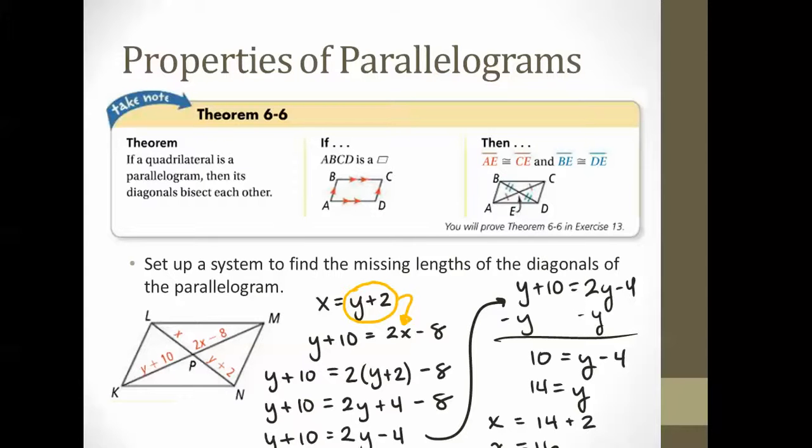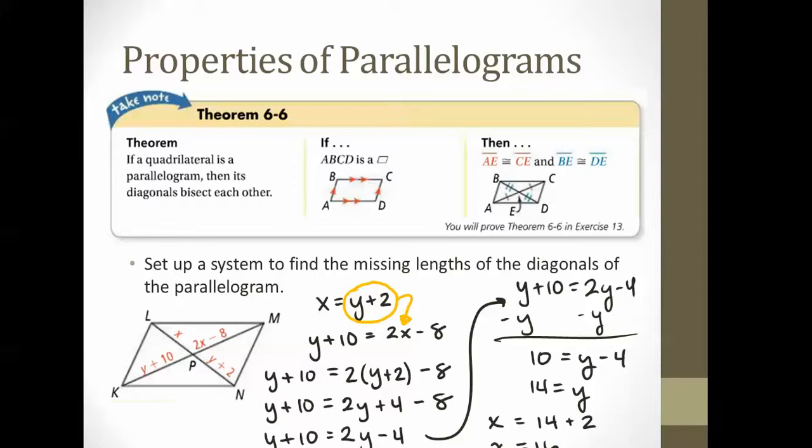Alright, it says set up a system to find the missing lengths of the diagonals. So I need to find the length of LN and the length of KM. Well, half the length of LN is x, because notice segment LP is x, which is 16, so if I double that, 16 times 2 would give me 32 for segment LN.